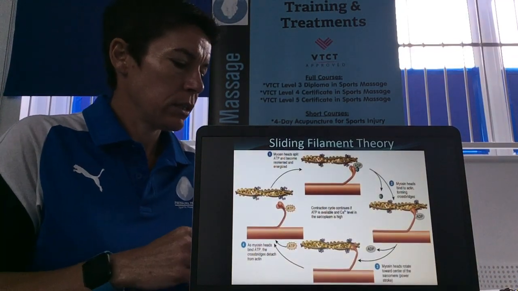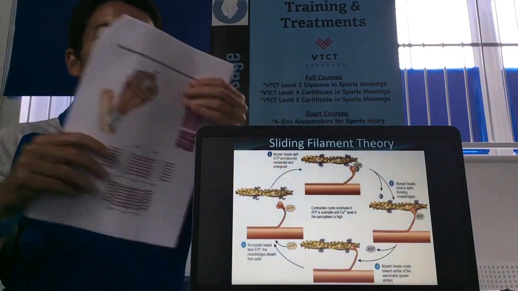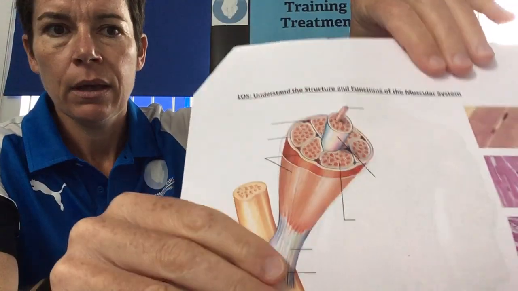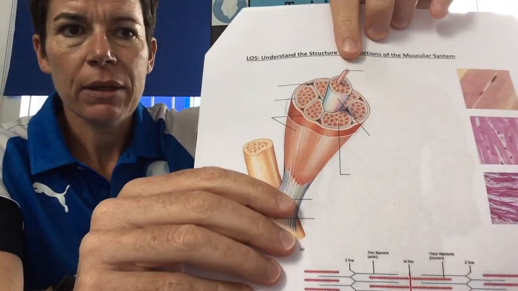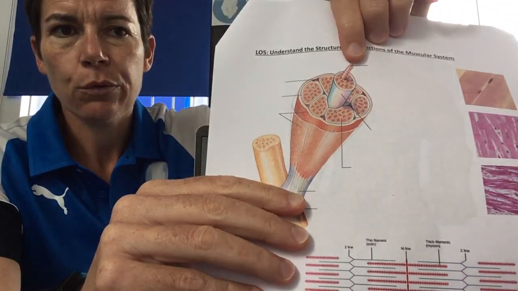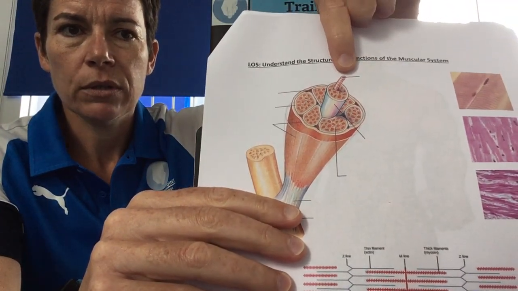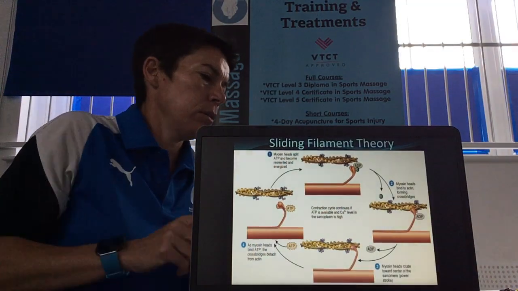When we had a look at this work that we labelled up here, the one that came out the top here, the muscle fibre, I said wasn't the smallest component of a muscle. So let's have a look.